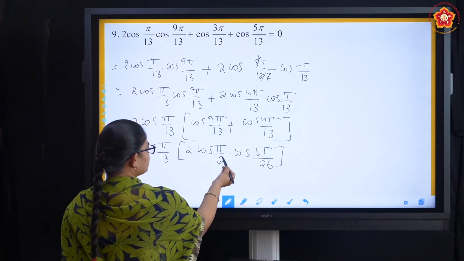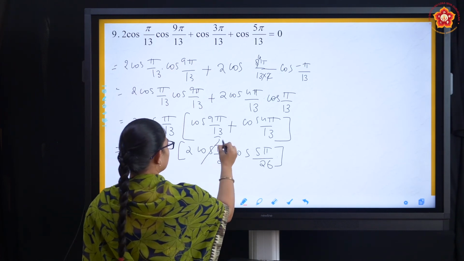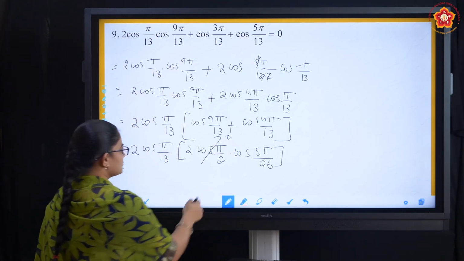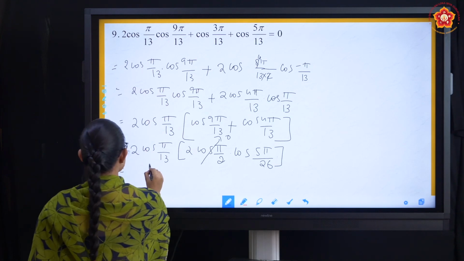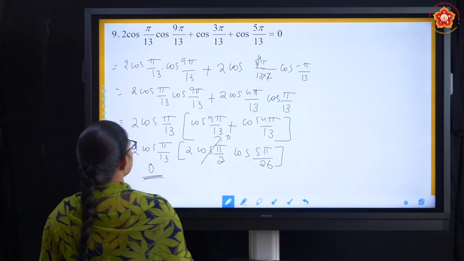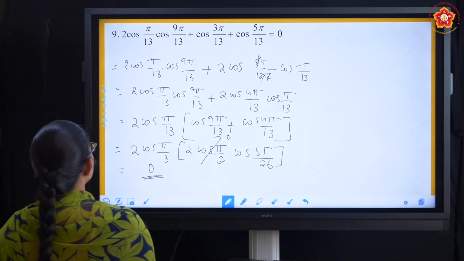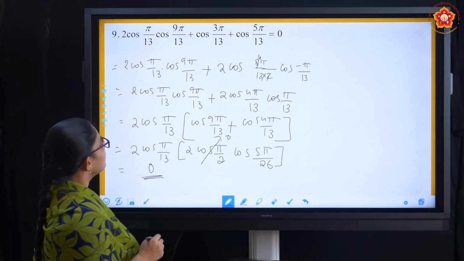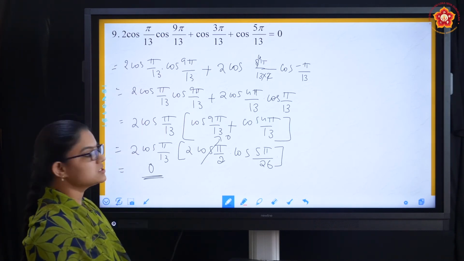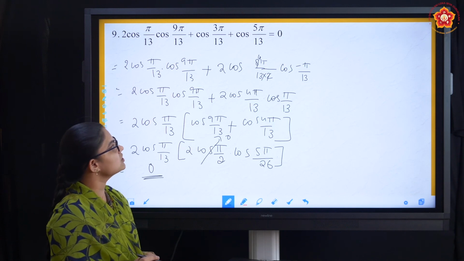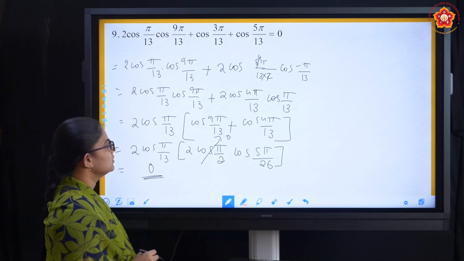Here we know that cos pi by 2 is 0, so 0 into anything is 0, so therefore we get the answer as 0. So therefore we have proved 2 cos pi by 13 cos 9 pi by 13 plus cos 3 pi by 13 plus cos 5 pi by 13 is equal to 0.